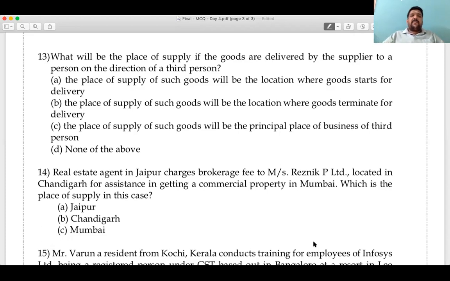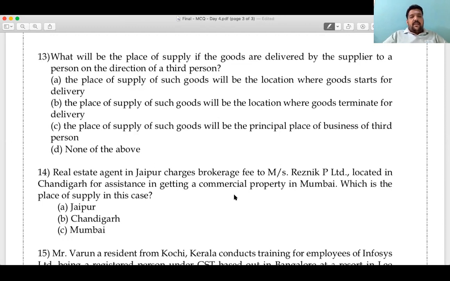When you take insurance, basic KYC is done. Telecom, insurance, and banking all have KYC. Once a KYC is done, there is something called address on record. Address on record means the address available with the supplier of service. That will become the basis for determining the place of supply.